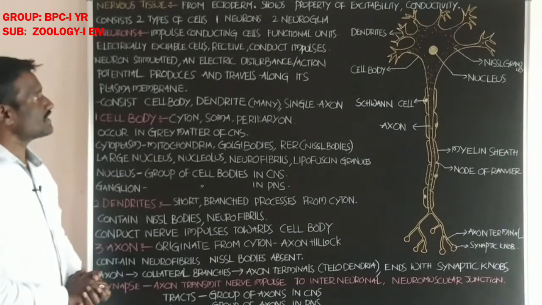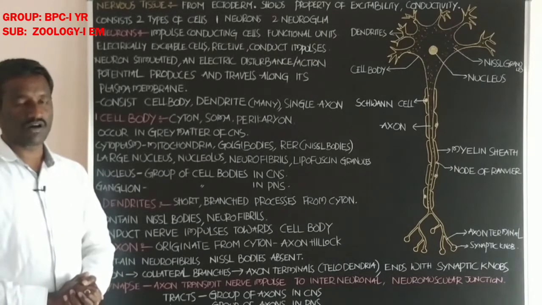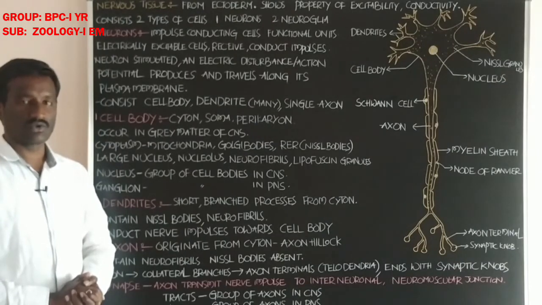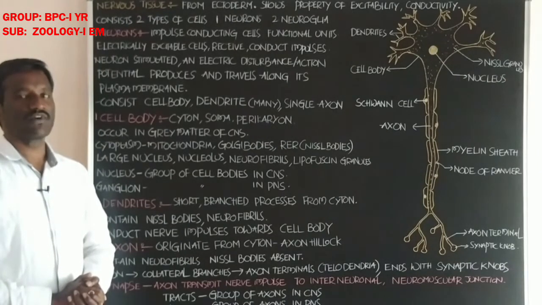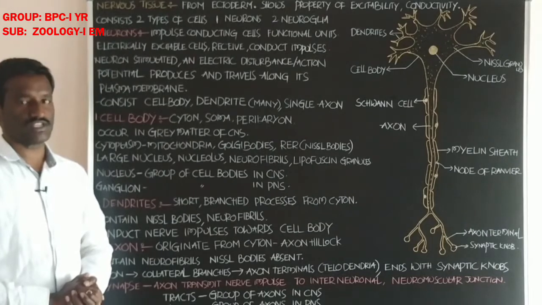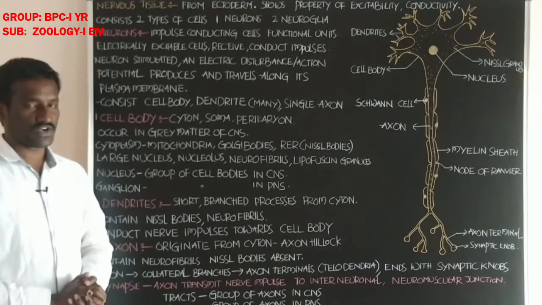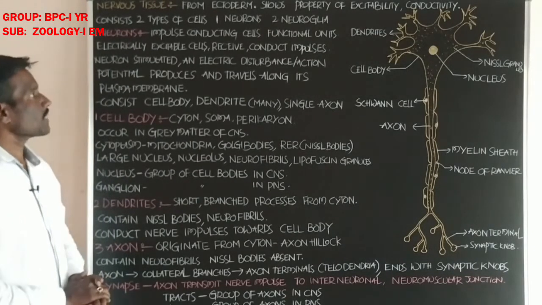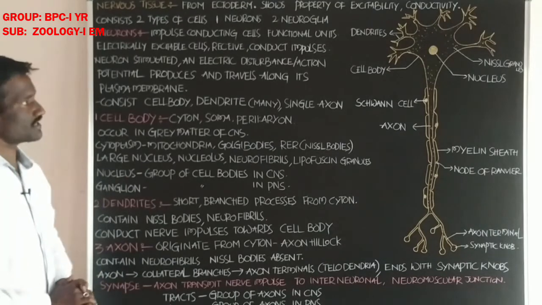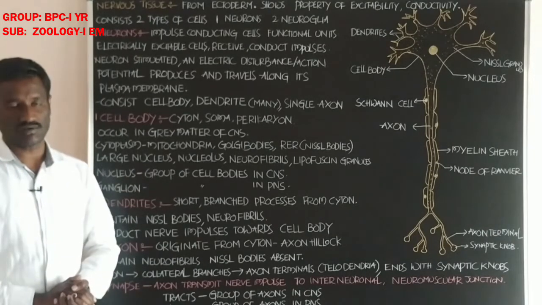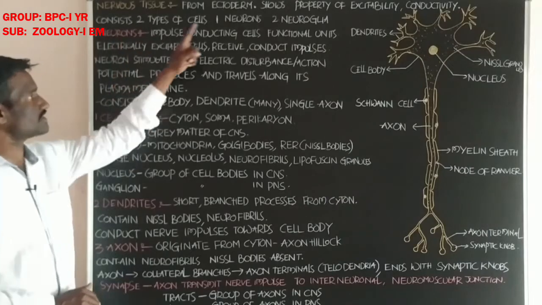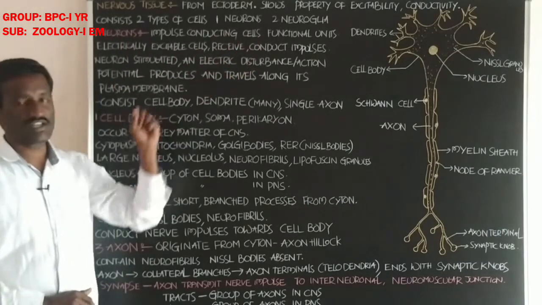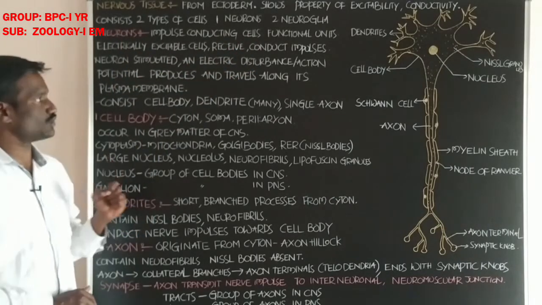The impulse passes throughout the length of the nerve fiber or neuron in the form of an action potential or electrical potential. Next, these are the functional units of the nervous system. Neurons are considered the functional units of nervous tissue.